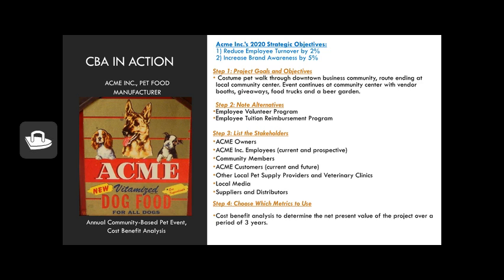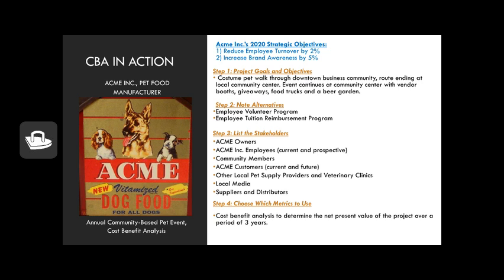Step 3 requires that we list all our stakeholders, and the purpose of this is to help us further define costs and benefits and how they directly impact each of our stakeholder groups. So for this case, we have the Acme owners, Acme employees, current and prospective, community members, Acme customers, current and future, other pet supply providers and veterinary clinics, the local media, and Acme's suppliers and distributors.